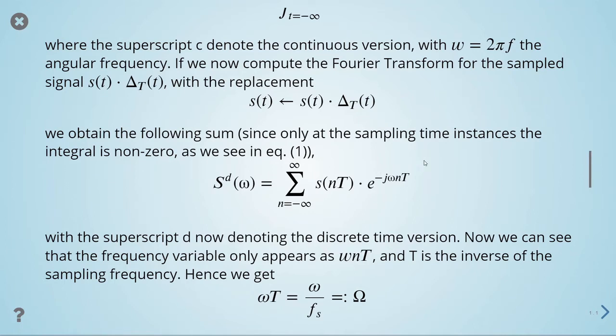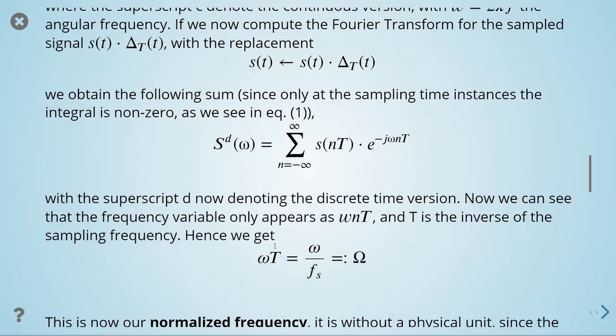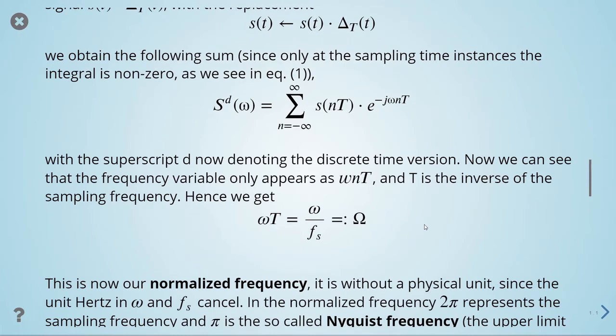And we can see that the frequency variable only appears as omega times n times capital T, and as we said before, T is the inverse of the sampling frequency. So we have this relation here, omega times capital T is equal to omega divided by the sampling frequency, which is defined as this capital omega, and this is what is called the normalized frequency.